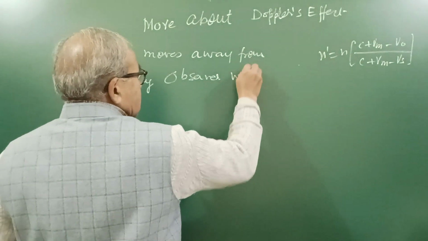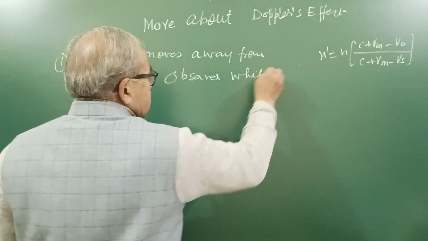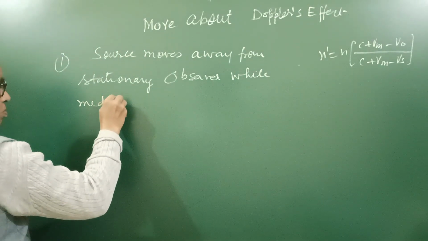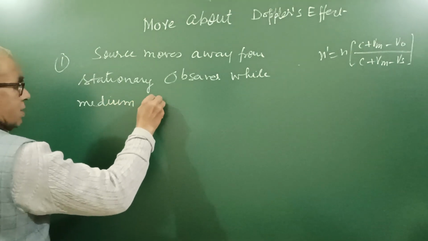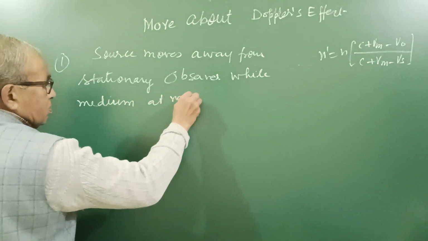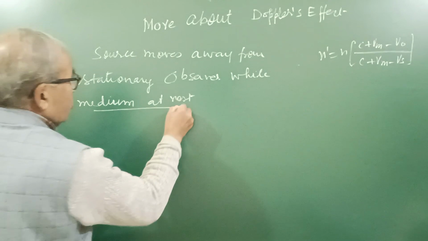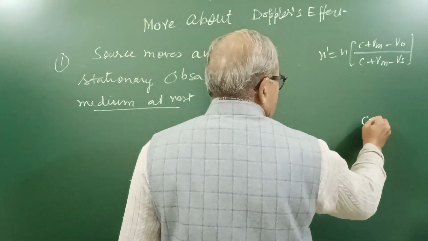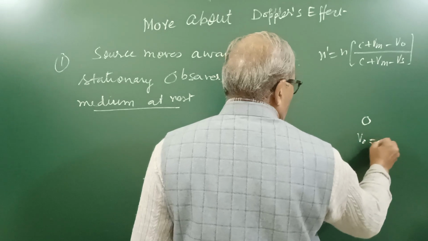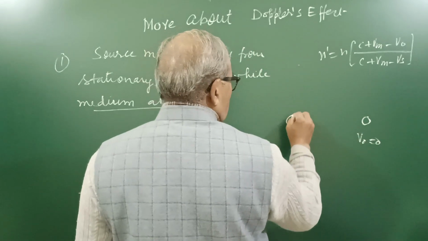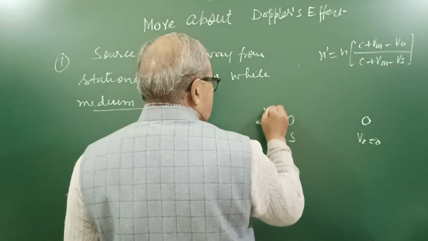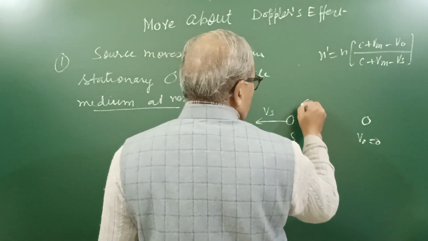While the medium is at rest, if you are asked like this: here is the observer at rest, VO is 0, and the source is going away with speed Vs. So sound is supposed to move this way.